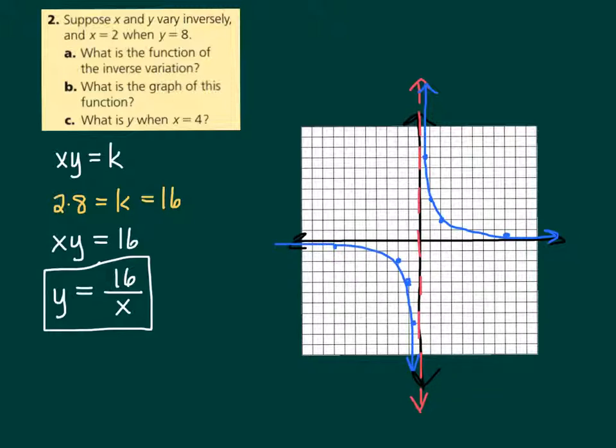So it's going to look like that. So that's part B. And then in part C, what is y when x is 4? We already covered that that one is the 0.44.